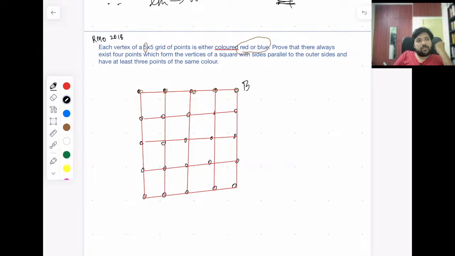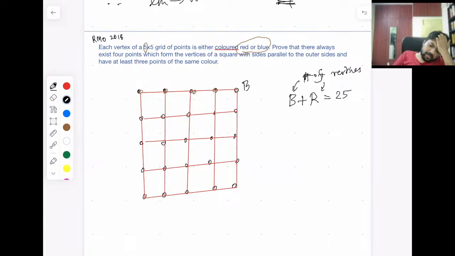Use the fact that it is odd. Number of vertices that are assigned blue plus number of vertices that are assigned red? That is 25, right? Which is 1 mod 2, whatever, is odd.